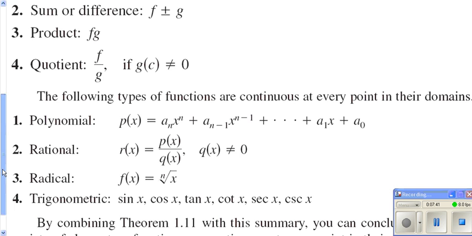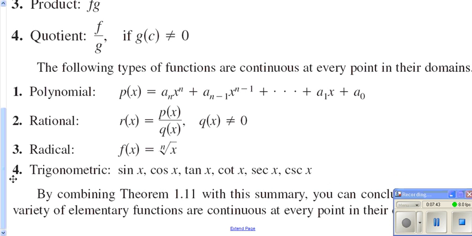Down below it's saying all polynomials are continuous. All rational functions are continuous except where it's undefined because you're dividing by 0. Radicals are continuous, assuming you don't have a negative underneath an even root. And your trig functions are continuous except where you have vertical asymptotes.